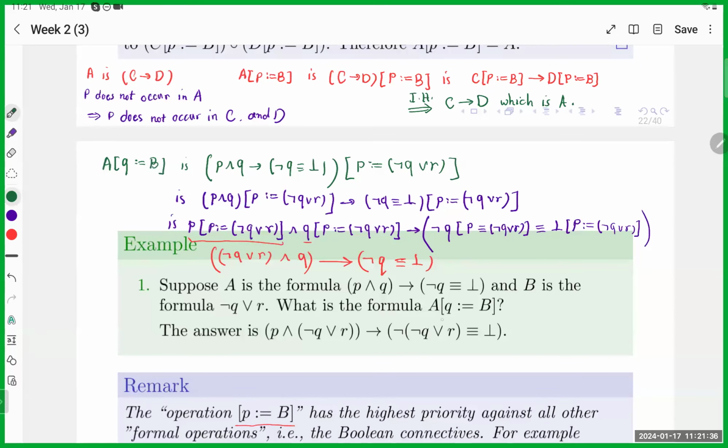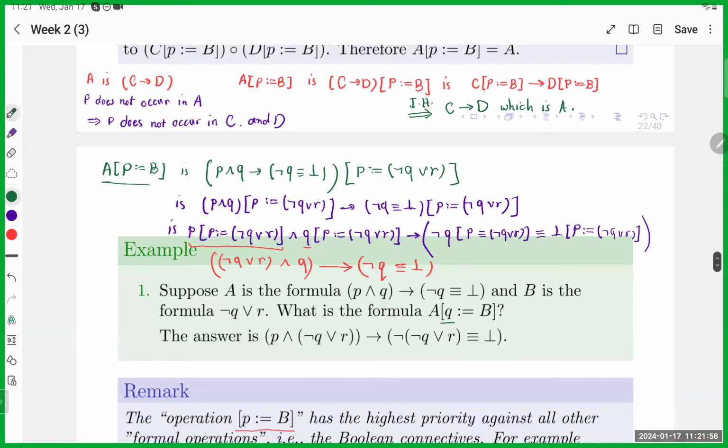Sorry about that, because this is not the question. I forgot that this was a substitution of P and not Q. What I proved was a substitution of P. I forgot that we were substituting Q, but that would remain as an exercise. So this is a substitution of P with B in A. You do this one yourself.